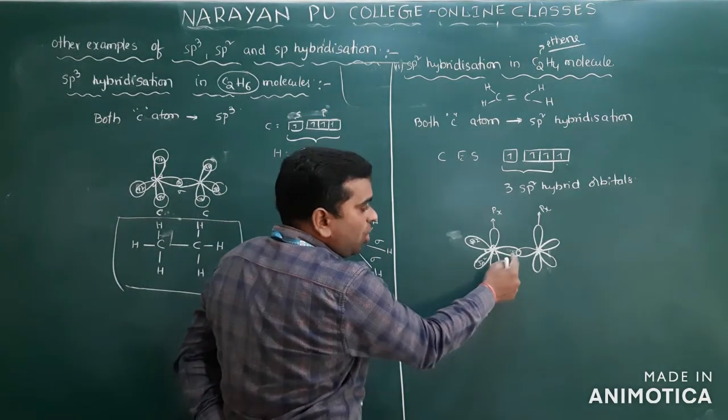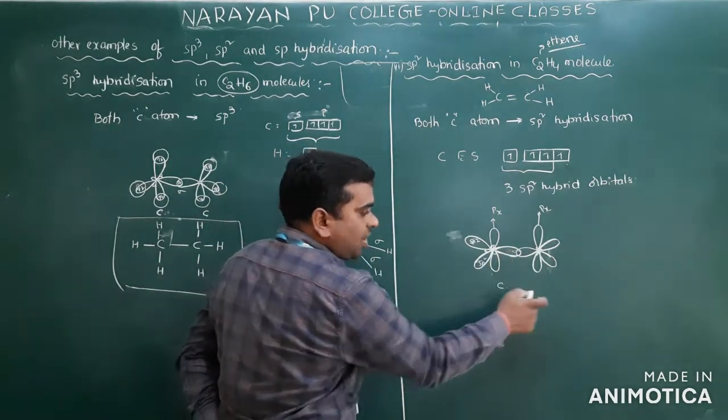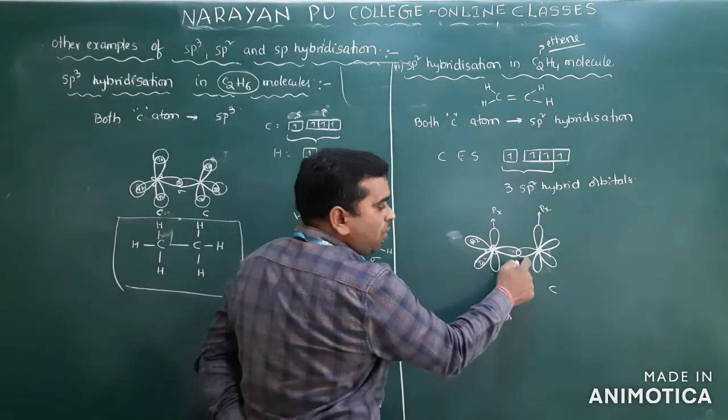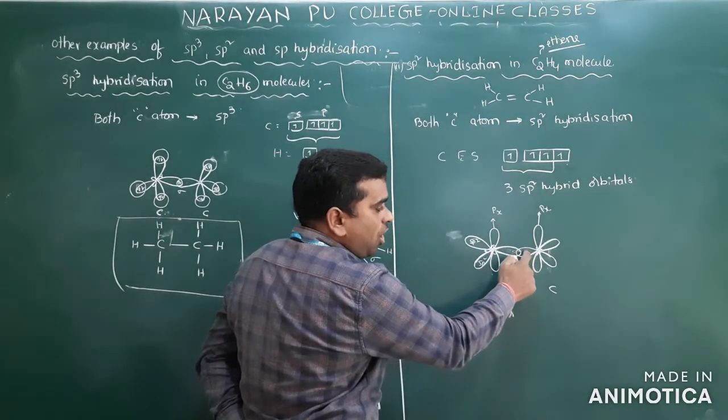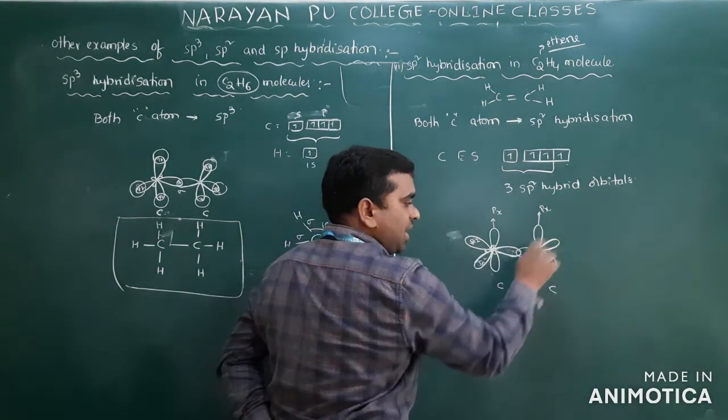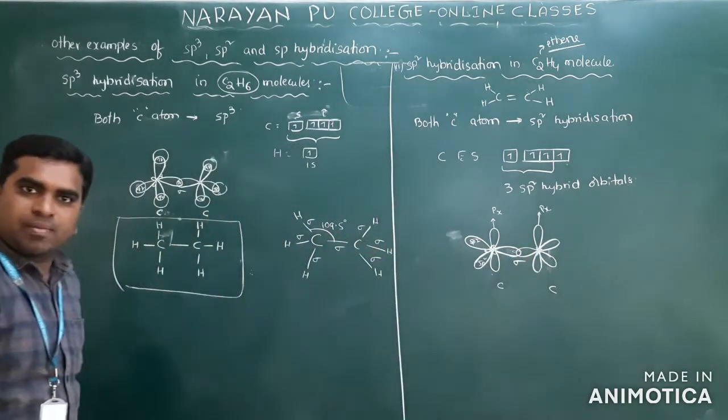Now one hybrid orbital of one carbon overlaps with one hybrid orbital of another carbon along the internuclear axis and forms a sigma bond.